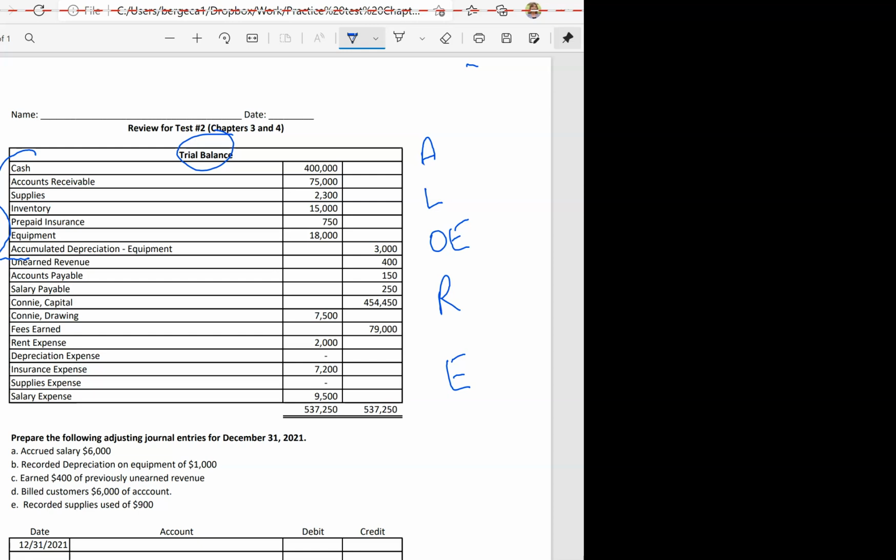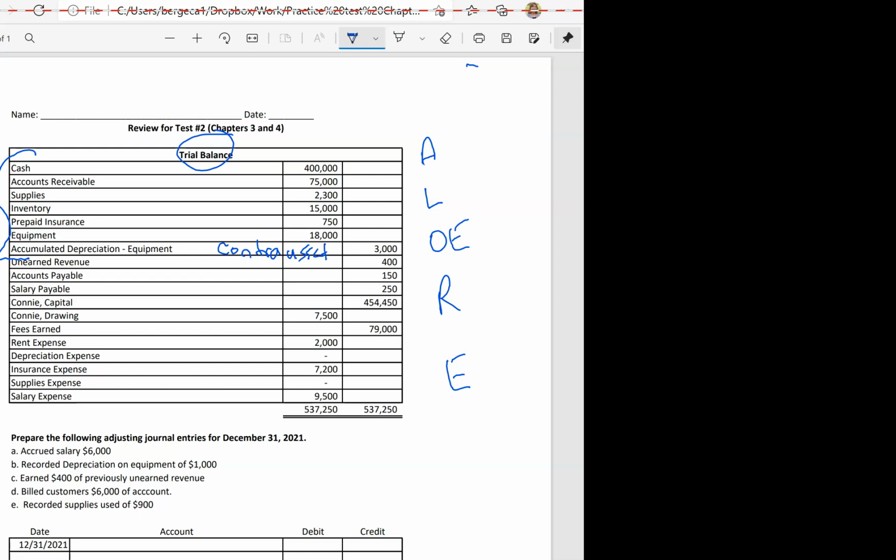That is an asset because we have insurance coverage that'll last us longer than a month or a period. So that coverage that we have from paying our insurance up front is our asset. Equipment is a long-term asset. And accumulated depreciation is what's known as a contra asset. That's why you see it with a credit balance, because it works the opposite of the asset.